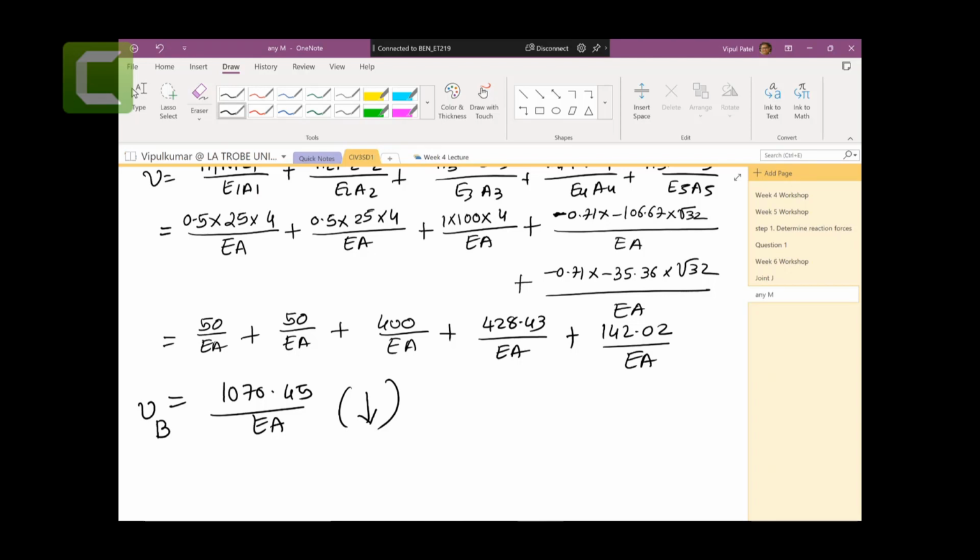We can go back and check it. Yes, please. Why is B down? Well, you can check from point B, the vertical displacement at B. If you have 100 kilonewtons and there are no other loads in the system, what do you think it will do? So therefore it's down.